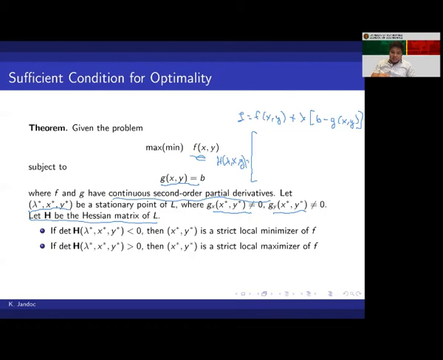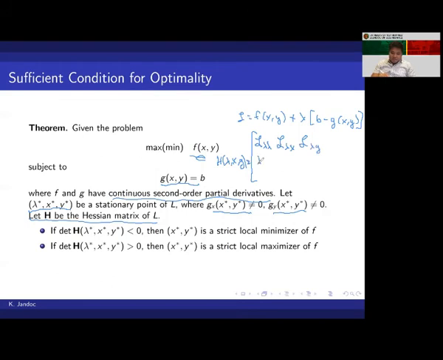So we have here L lambda lambda, then L lambda x, and then L lambda y.